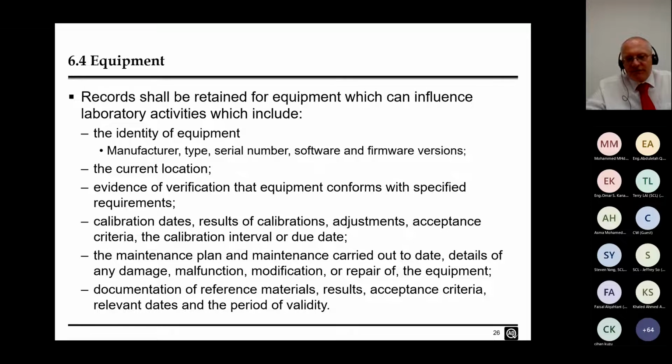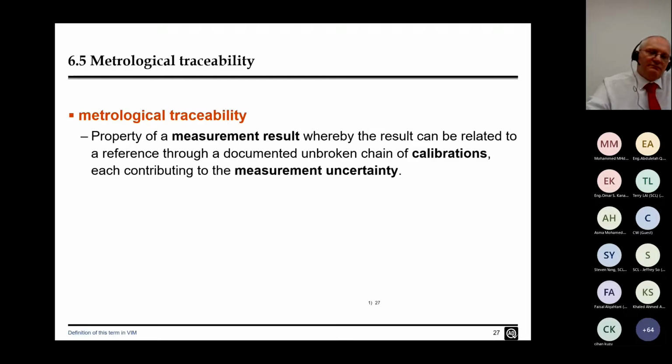Reference materials, again, similar. Results, acceptance criteria, relevant dates and the period of validity. Slightly different, but the same principle. We need to know what's happened with those reference materials, how long they last, and if they have acceptance criteria. So the equipment records are very important. They give you the history of your items.